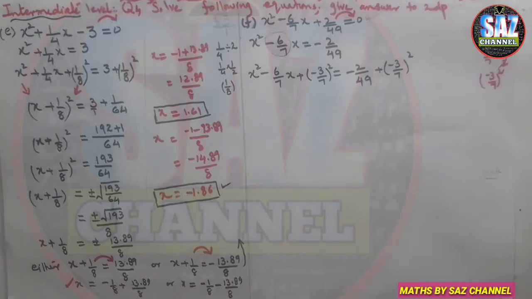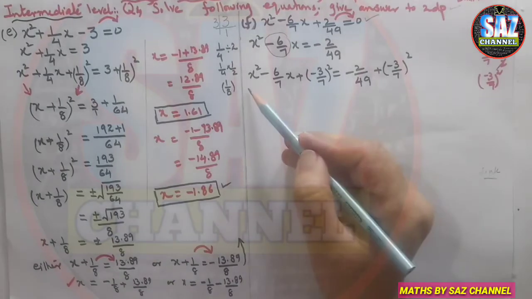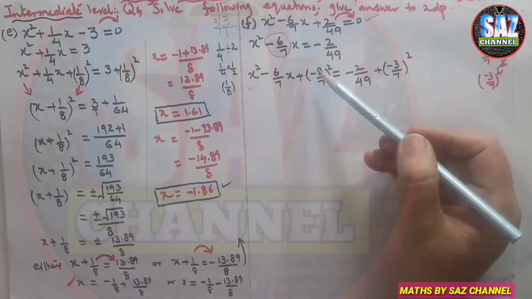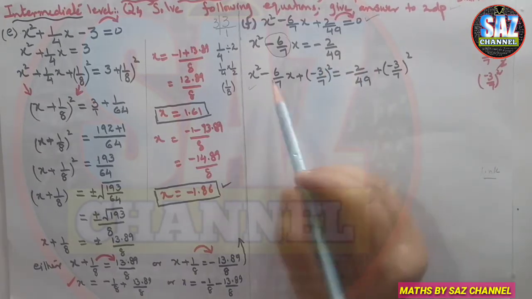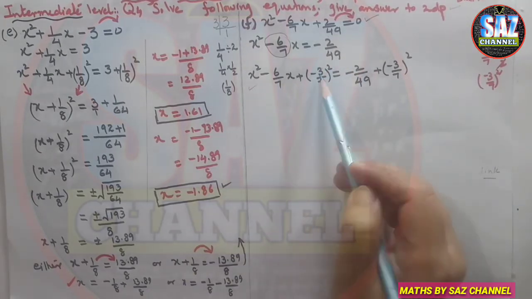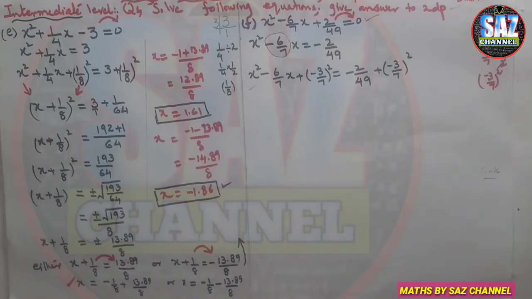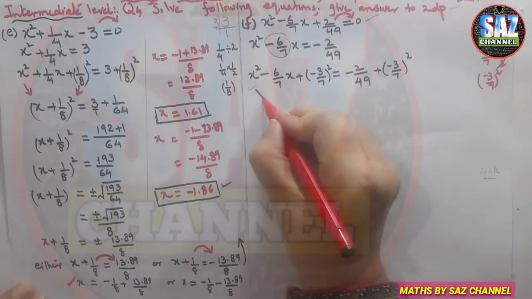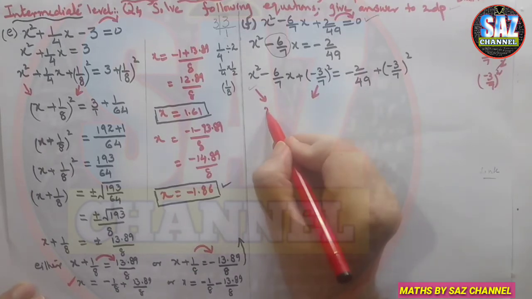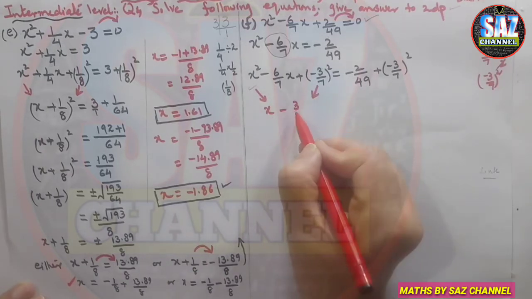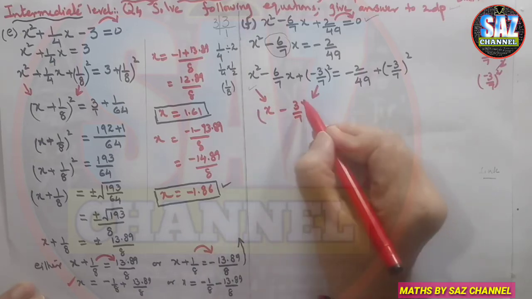Coming to the left hand side of the equation, we can see x square minus 6 by 7x plus 9 by 49. It is similar to a square minus 2ab plus b square, and we can write it in the form a minus b whole square. Why a minus b? x minus 3 by 7 whole square.